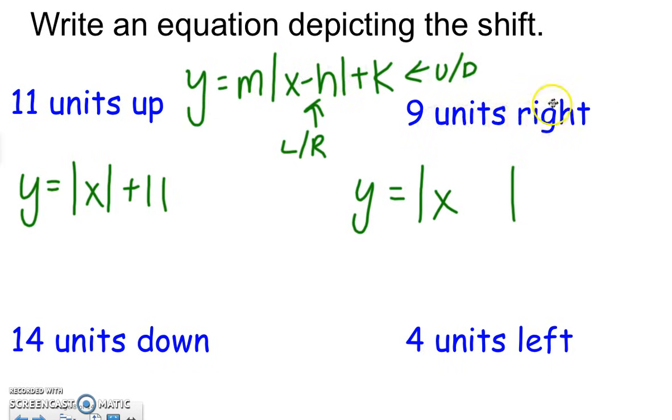So note if it's 9 units to the right, that is going to mean a positive 9, which really means it's a negative 9 on the inside. Okay? So right means positive, but if you're putting it in there, you got to change the sign. So it should be y, or x minus 9. And then there's nothing on the outside for that one.